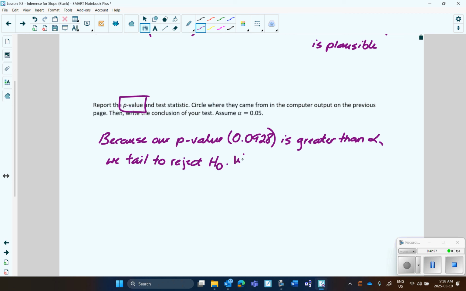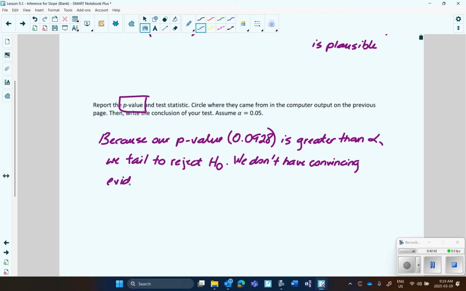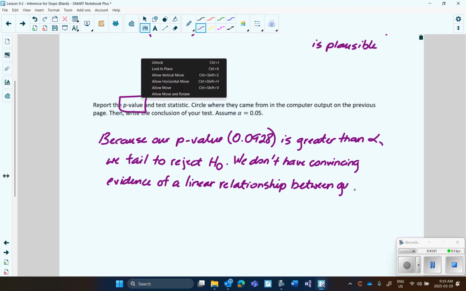We don't have convincing evidence of a linear relationship between gun ownership and gun homicides.